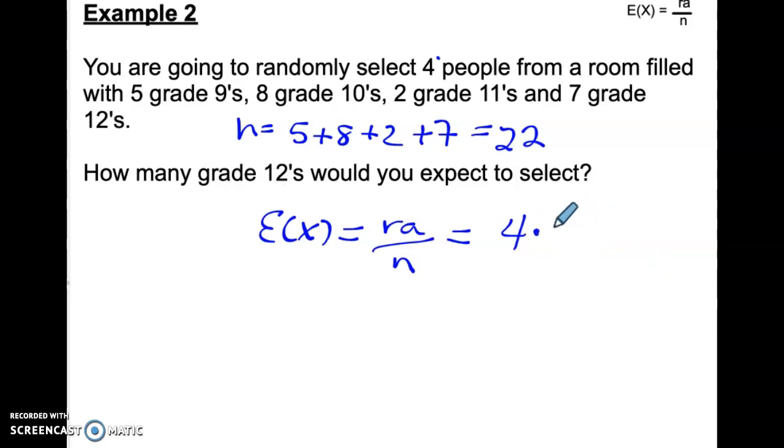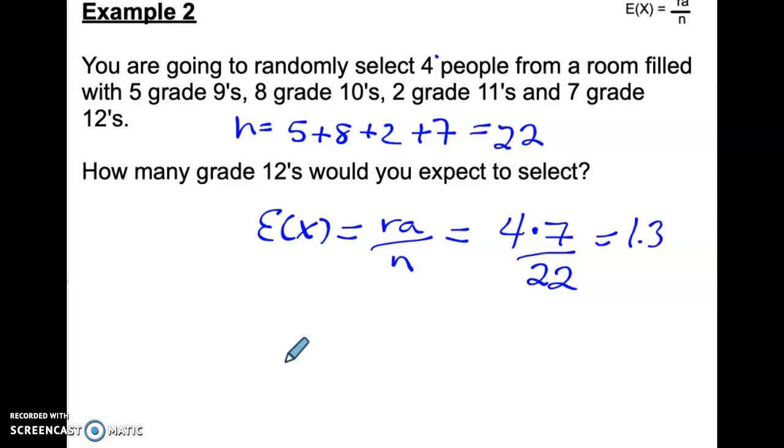So A would be the number of grade 12s that you could have chosen from, and there were 7 of them. And N is the total number of people, of which there are 22. So if you work this out, you would get the expected number of grade 12s. So you'd expect to get 1.3 grade 12s if you selected 4 people. Okay.